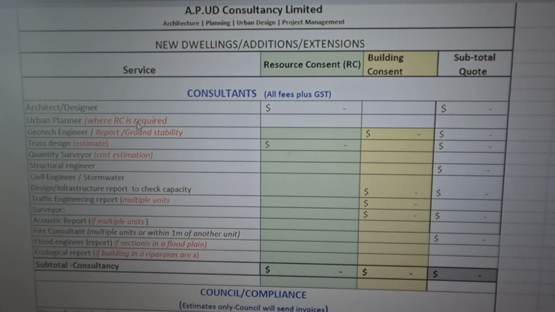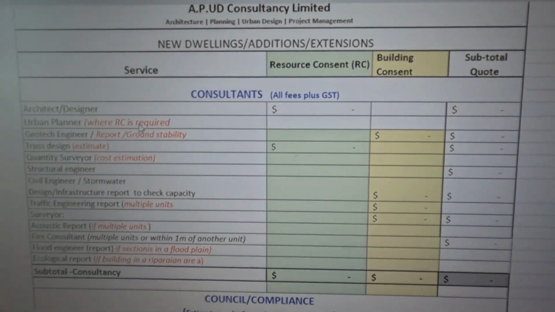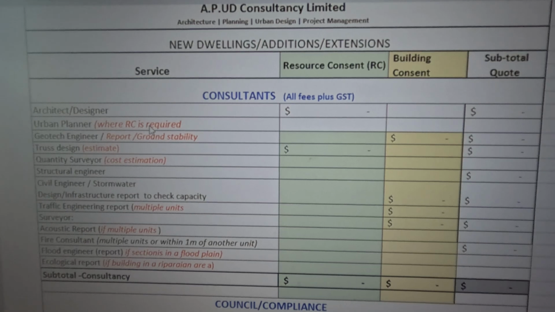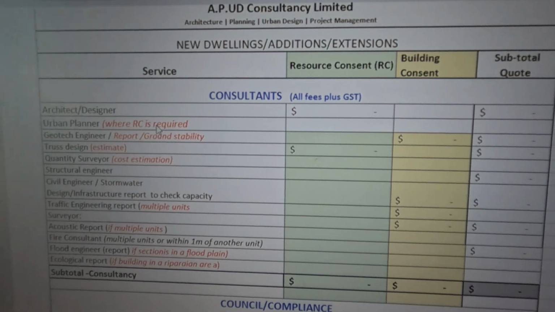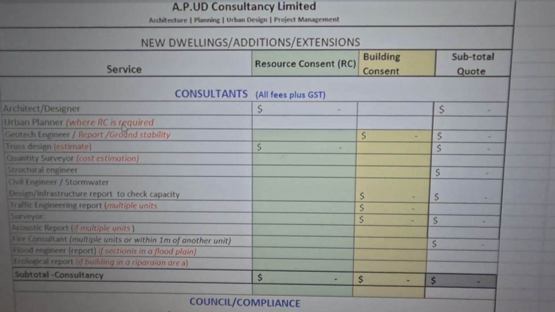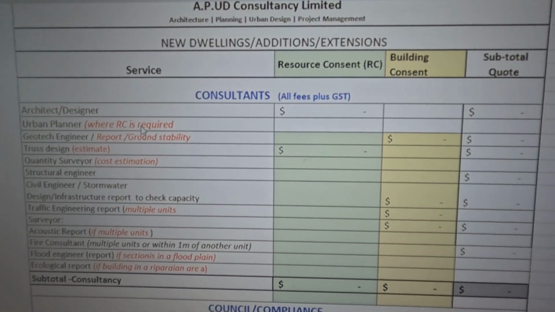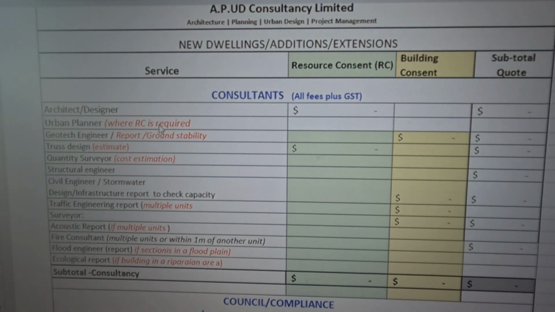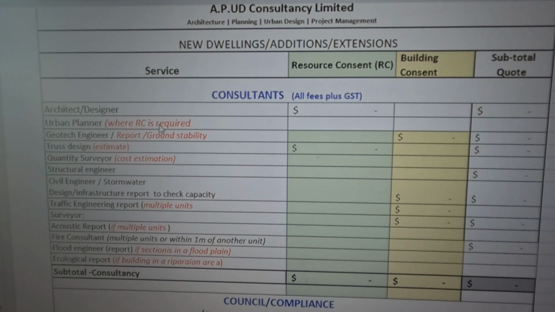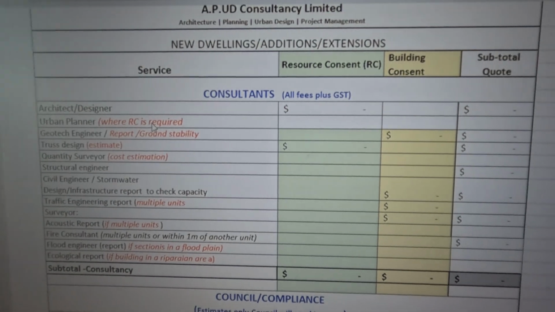Why you need an urban planner is that if your proposed development is not compliant with any one of the standards in the district plan or the zone in which you're building, then you're going to need a resource consent, and an urban planner can help you to prepare a robust resource consent for council.